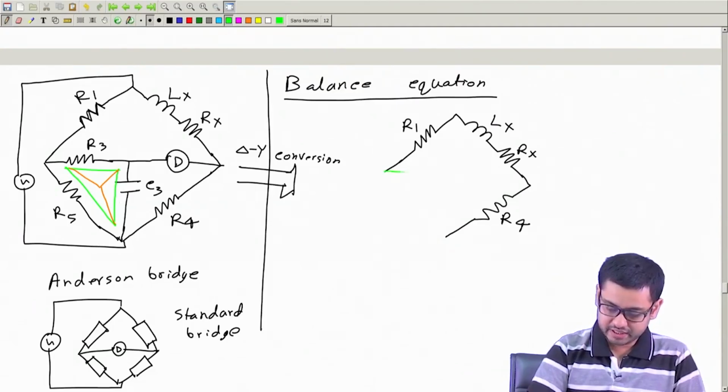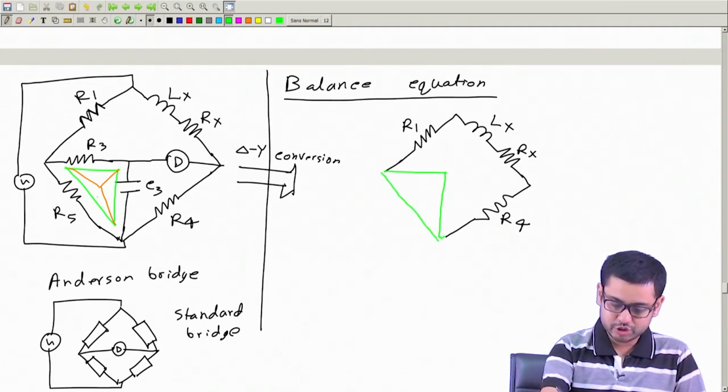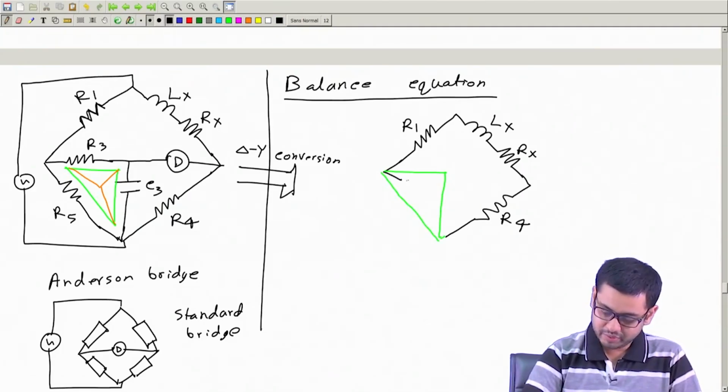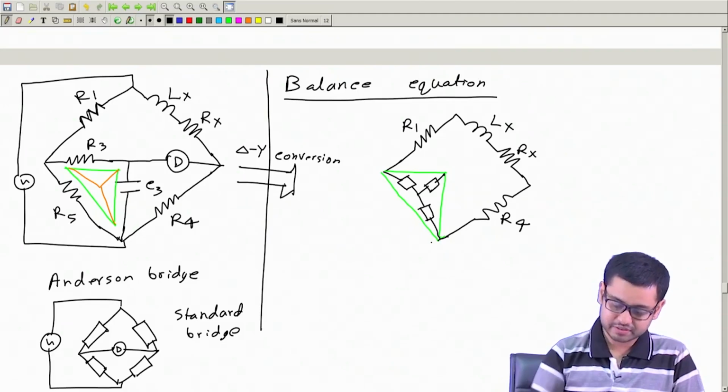Currently it is like this, but now this will become some impedance here, some impedance here and some impedance here. So, this is a star.